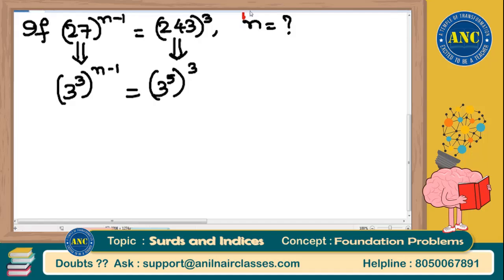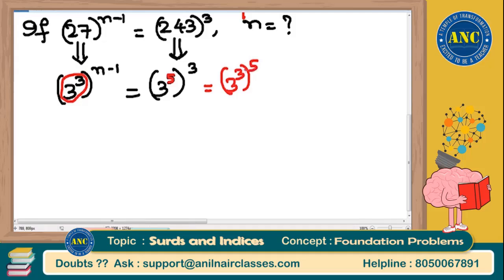Now, think logically, bases should be same, right? If the bases are same, I can equate the power. The base in the left hand side is 3 power 3. Base in the right hand side is 3 power 5, it is not 3 power 3 in the second case. But can I write 3 power 5 whole power 3 as 3 power 3 whole power 5?